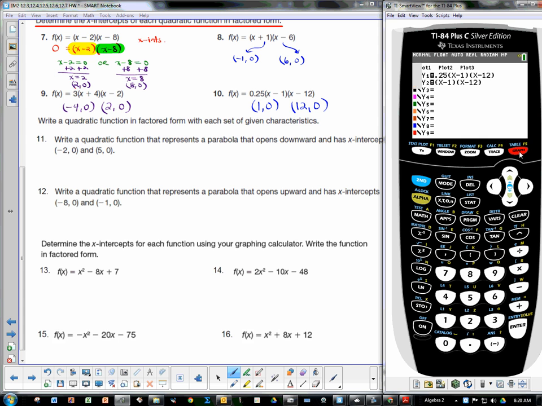Now watch. That number out front changes the height. It's a vertical stretch factor. Does it change the x-intercepts? Not at all. This 0.25, I could put 300 million right there, and it really doesn't matter. It's still going to go through 1 and 12.